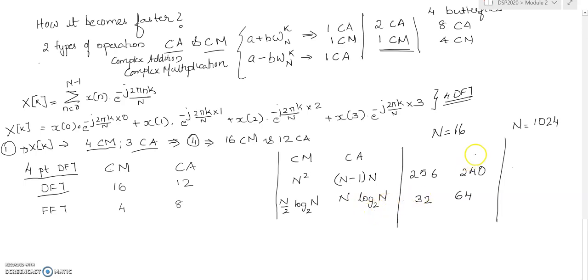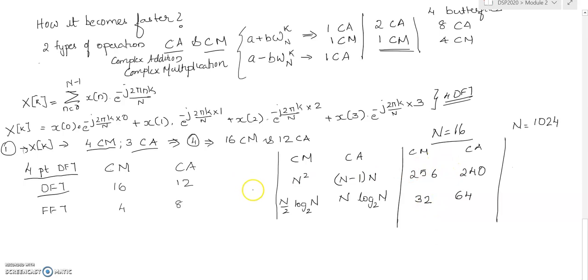I have just compared it for the case when N is 16. When N is equal to 16, N square results in 256 complex multiplications and 240 complex additions for the DFT computation. Meanwhile, for FFT, the complex multiplications required is 32.